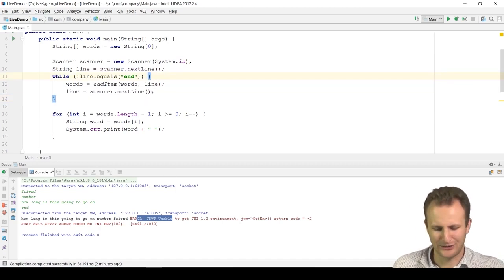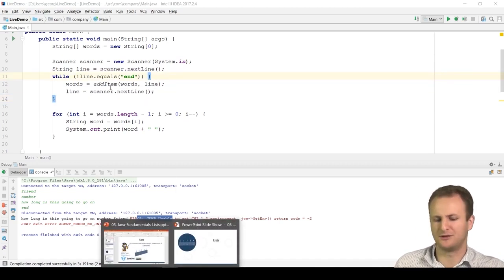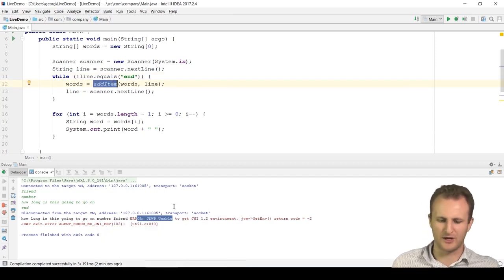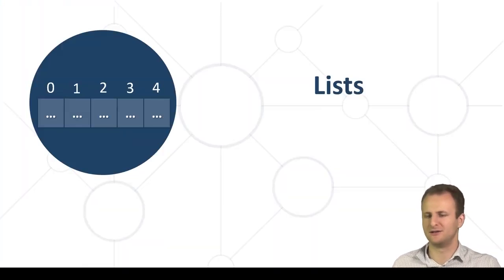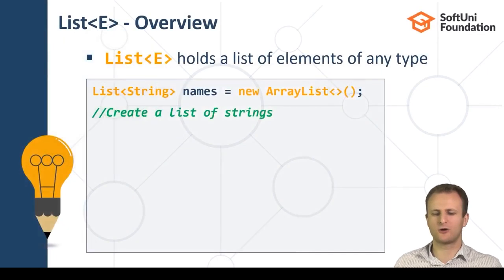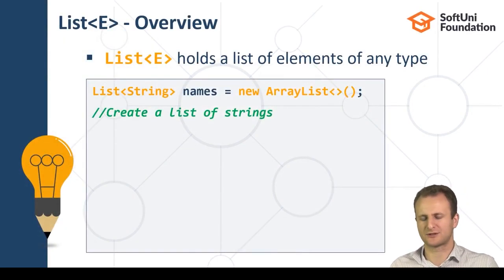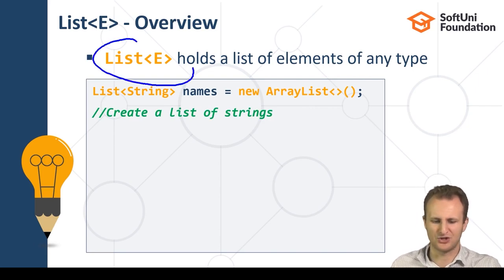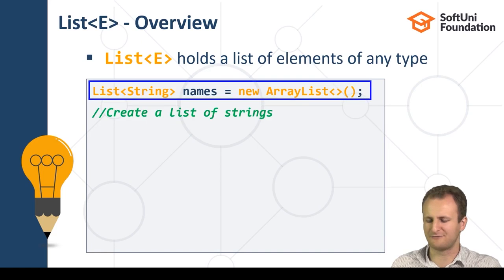Okay, so to save us from this problem and to save us from writing code this way, what we can use are lists. Now, lists are a concept from data structures, which are a subset of computer science. And a list in Java is initialized in the following way.